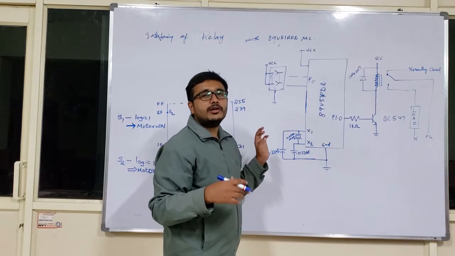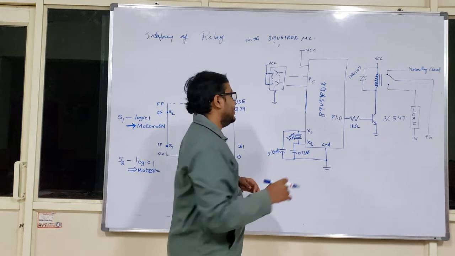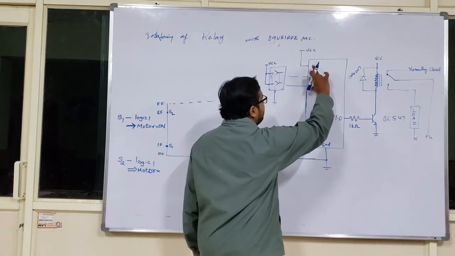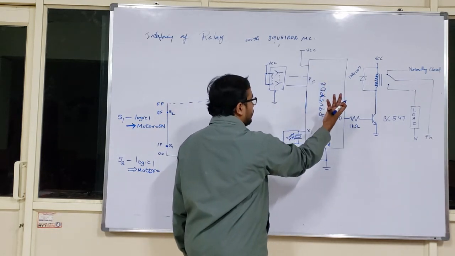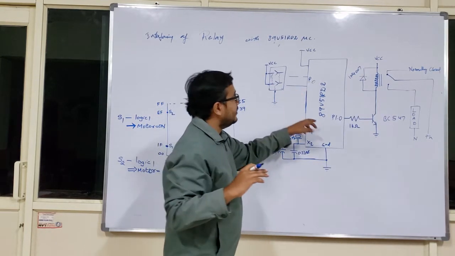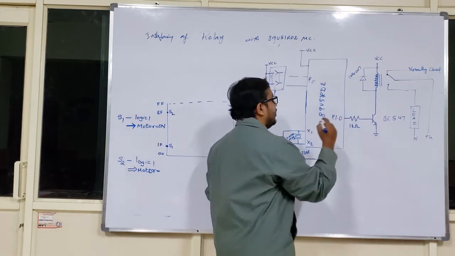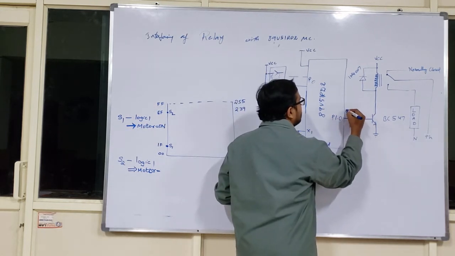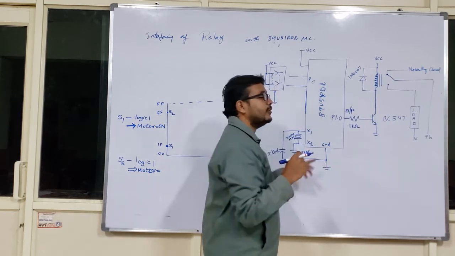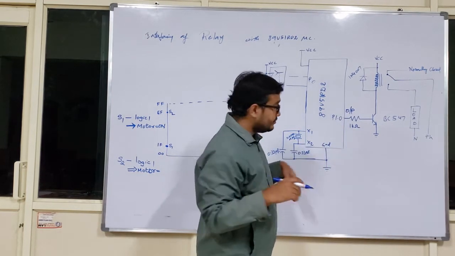So sometimes I would like to call this DIP switch a digital input switch, right? So P0 is acting as an input port because I am the one who is giving the input, and P1.0 is nothing but the output pin of your port 1.